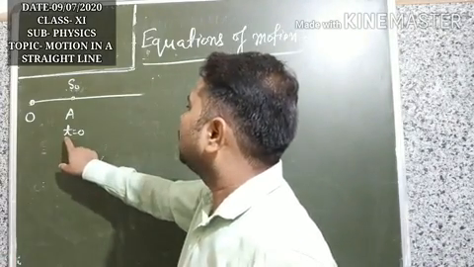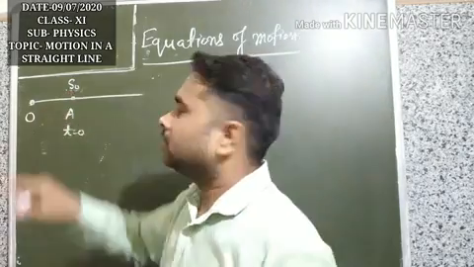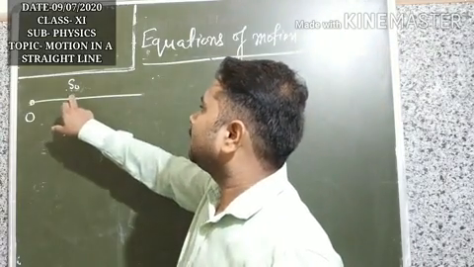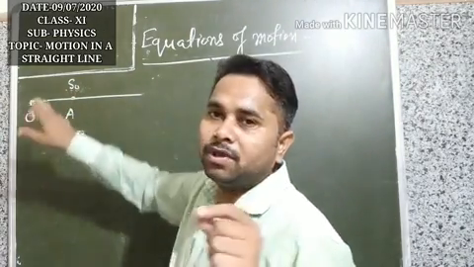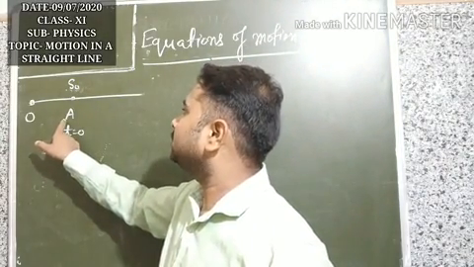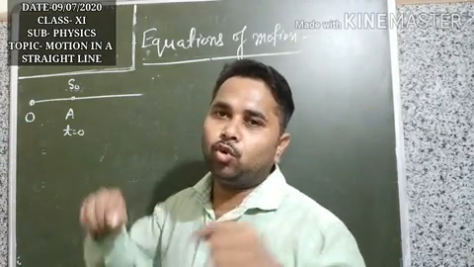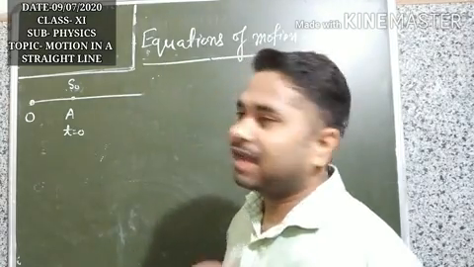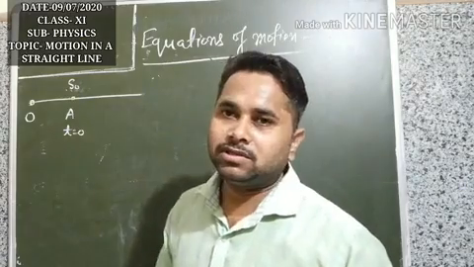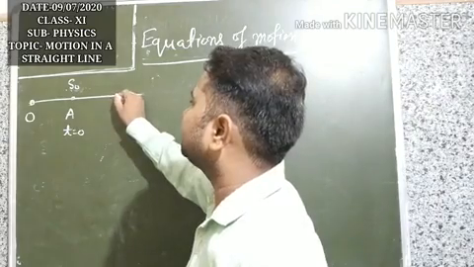So when time is 0, initial displacement is s0. This s0 may be 0. Try to understand. s0 may be 0 when the displacement is 0. It means when t is 0 at O, that is, when it was at O, the time clock was started there, so for that case s0 will be 0, but for the general expression we have s0 as initial displacement.